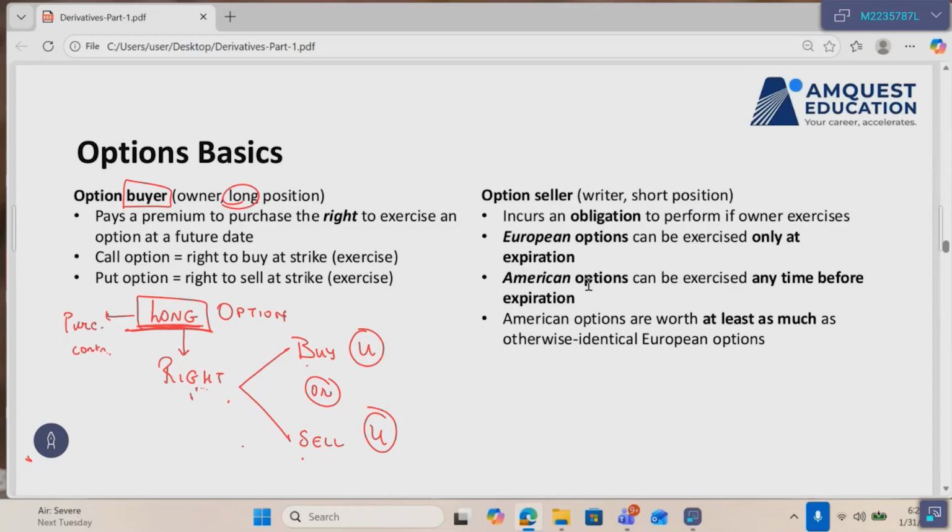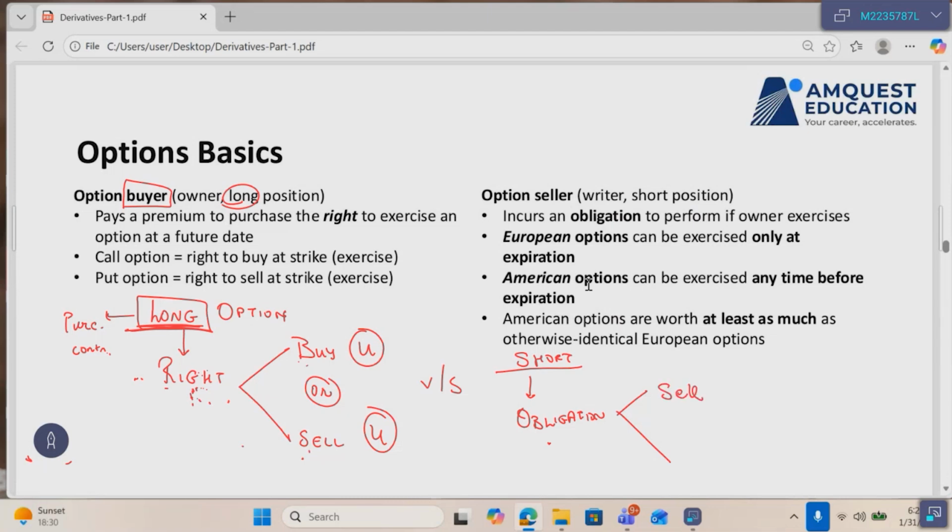Correct? If this guy has the right, who has the obligation? The fellow who is short. The one who's short has the obligation to see through the deal. He has the obligation to satisfy the long. If the long says, no, I want to buy, this guy has no choice but to sell.